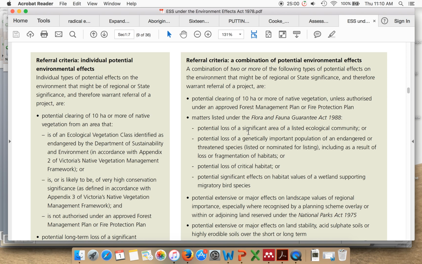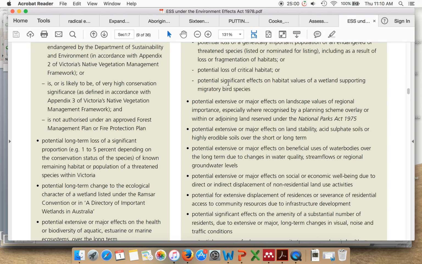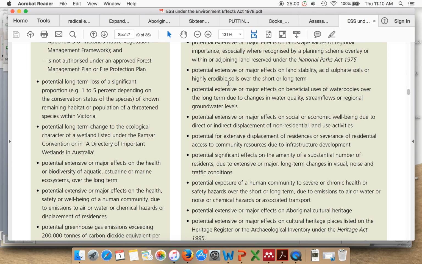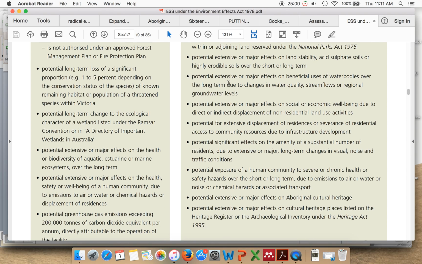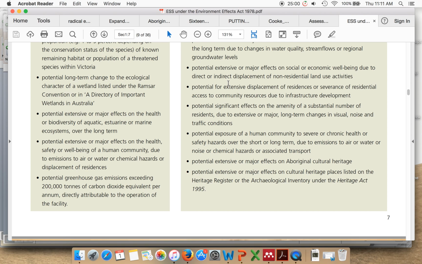Now, don't forget, this is only how Victoria does it. Not every jurisdiction is going to break this up into one or two effects and how we determine an EIA. But we have a couple more points that relate to social and/or economic effects of development.